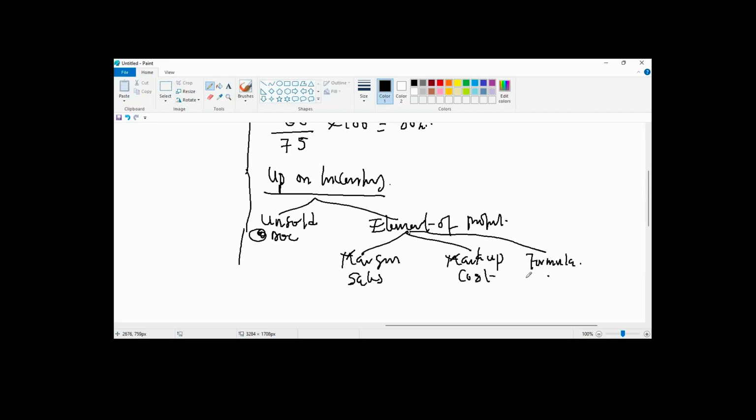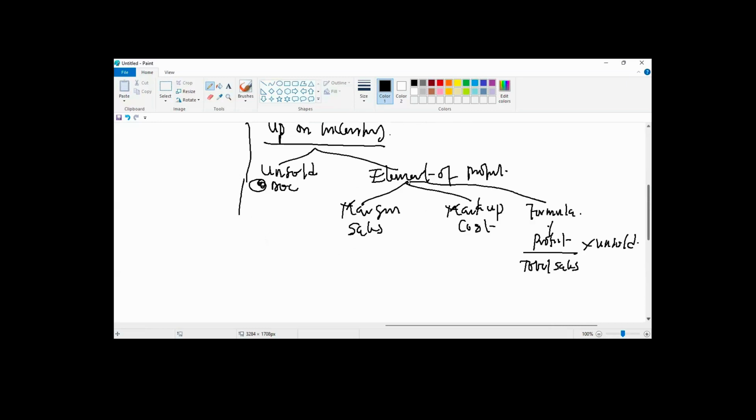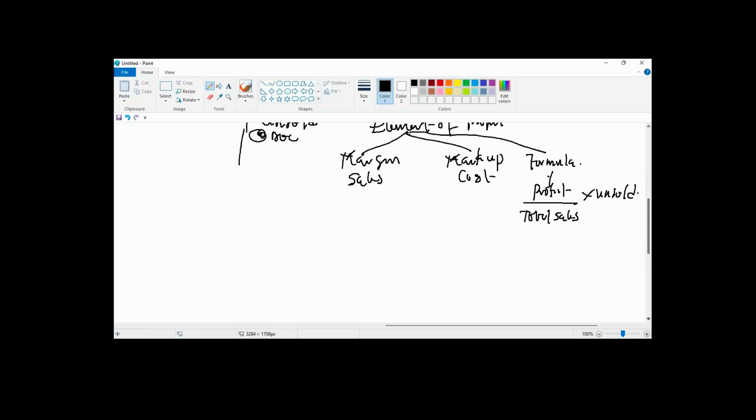Then the formula, which I will apply: profit over total sales times unsold. And we have done this before. Then let's go to the question. After I've gotten the figure, what do I do for the unrealized profit? I will debit retained earnings.